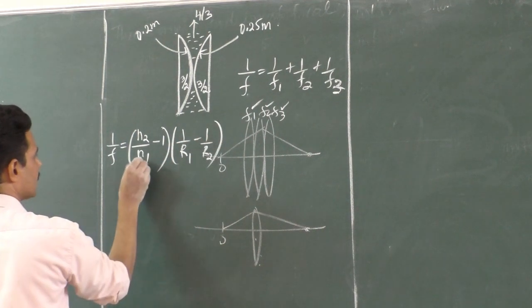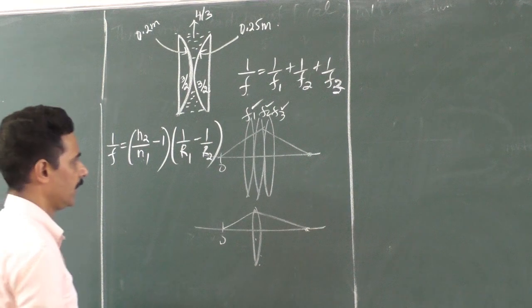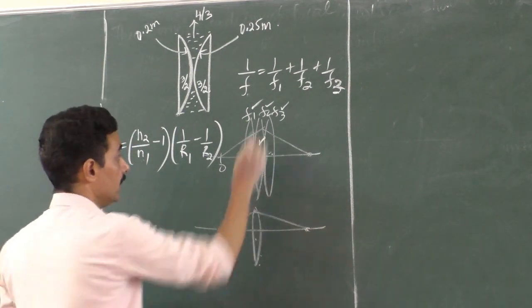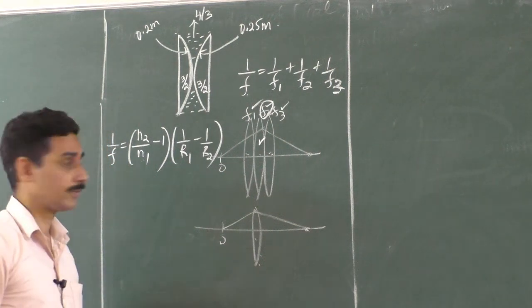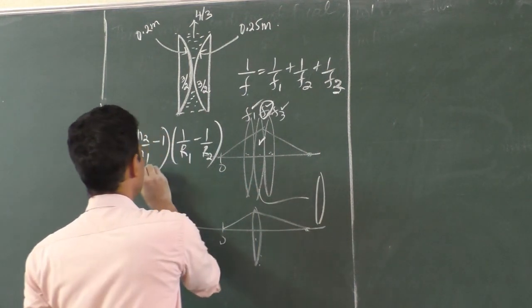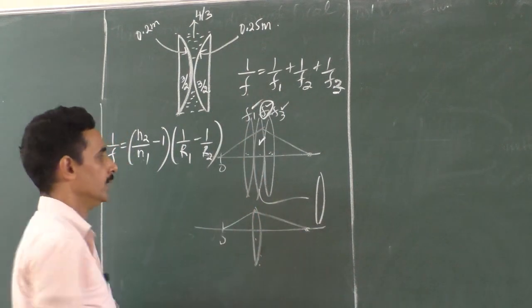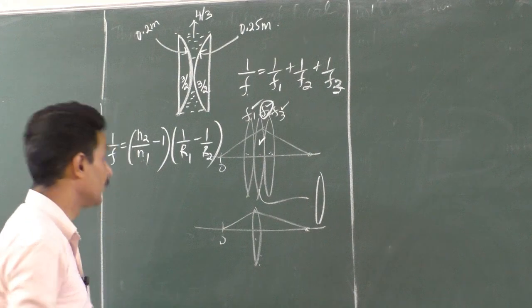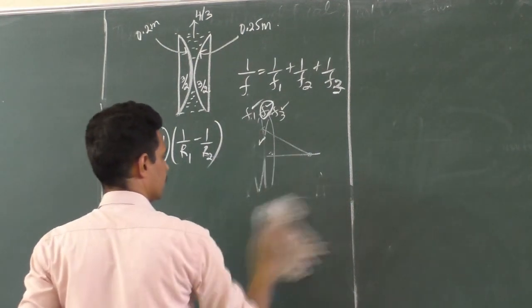So when you come across the refractive index of the surrounding medium for this lens, will you put the surrounding medium as this one? No, because f2 is the focal length when it is alone in air like this. So you need not worry about the surrounding medium now. You will come across that problem when we apply this formula.